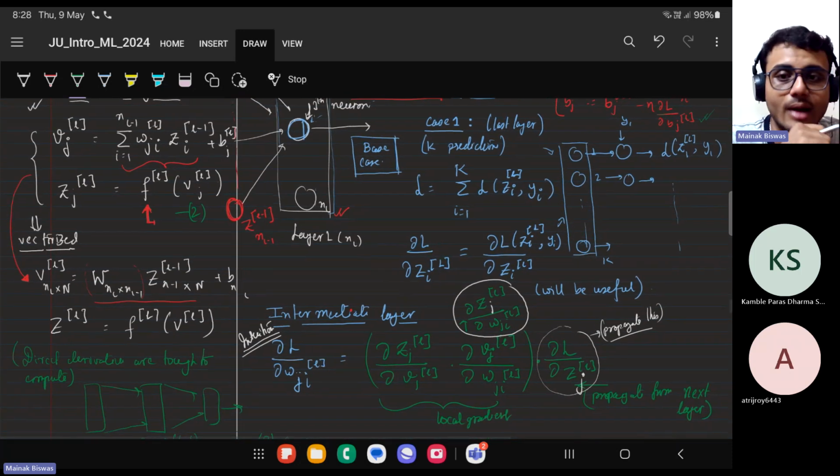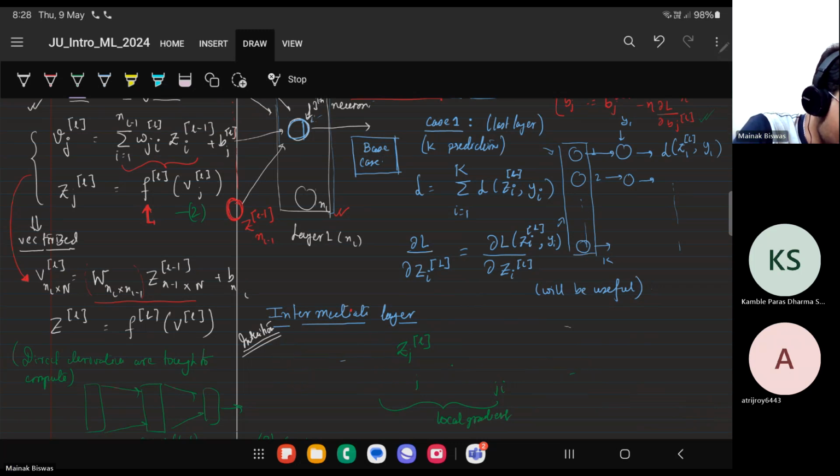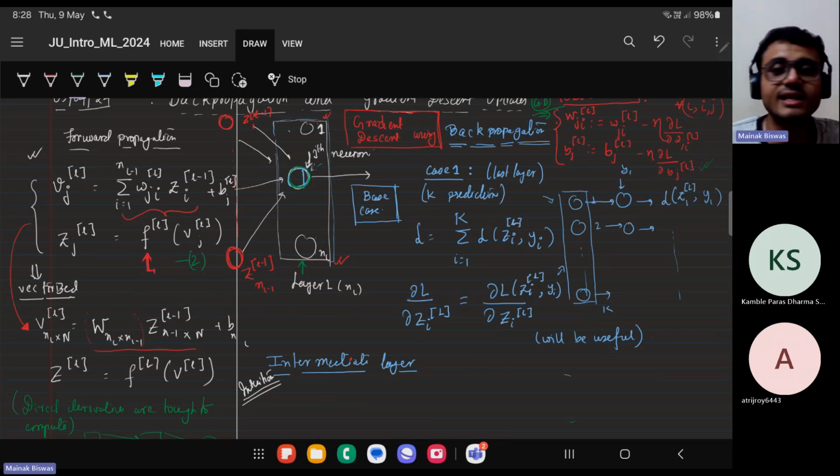To do that, let me write it once again so that you follow. Say you have an intermediate layer L, right? This is the intermediate layer L I'm dealing with. And for this intermediate layer, I want the derivative of every weight in that layer.